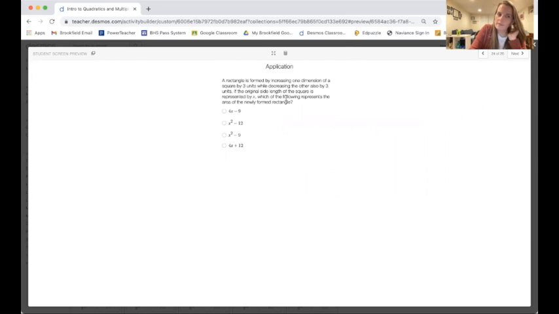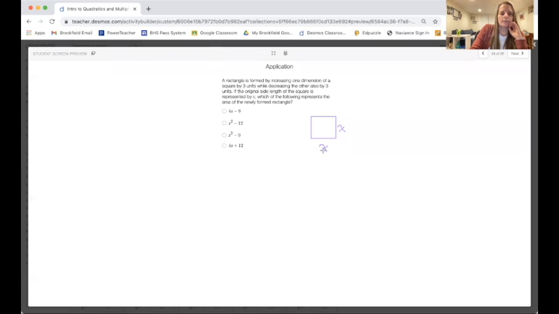So we've got a little bit of a word problem here. So it says a rectangle is formed by increasing one dimension of a square by 3 units while decreasing the other also by 3 units. If the original length of the square is represented by x. So I'm going to draw a square. And it says the original side length of the square is x. So this is x by x because it is a square, so the sides are equal.